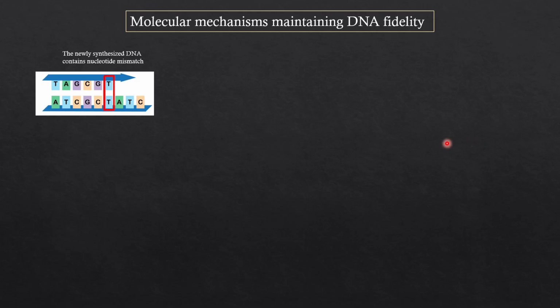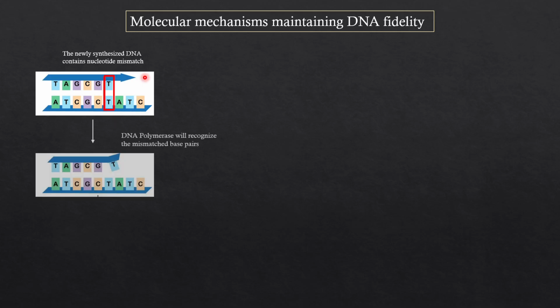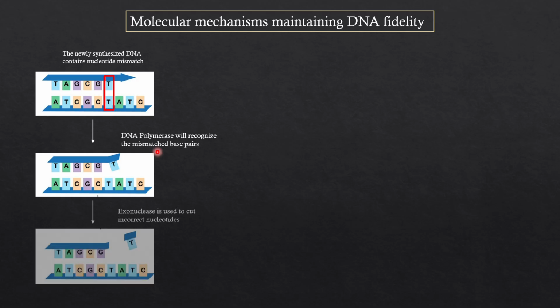Molecular mechanisms which maintain DNA fidelity. The newly synthesized DNA may contain nucleotide mismatches. DNA polymerase will recognize these mismatched base pairs, and the exonuclease is used to cut the incorrect nucleotides.